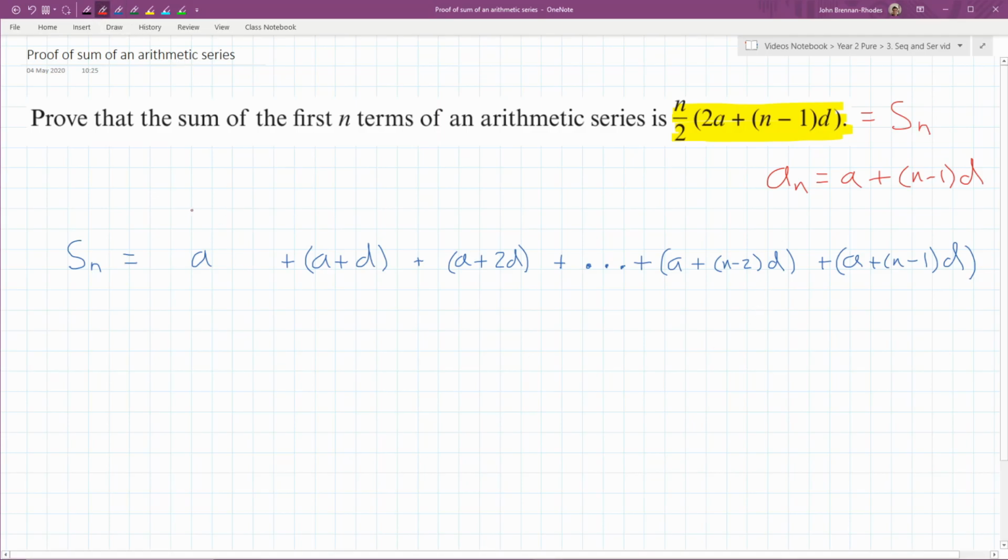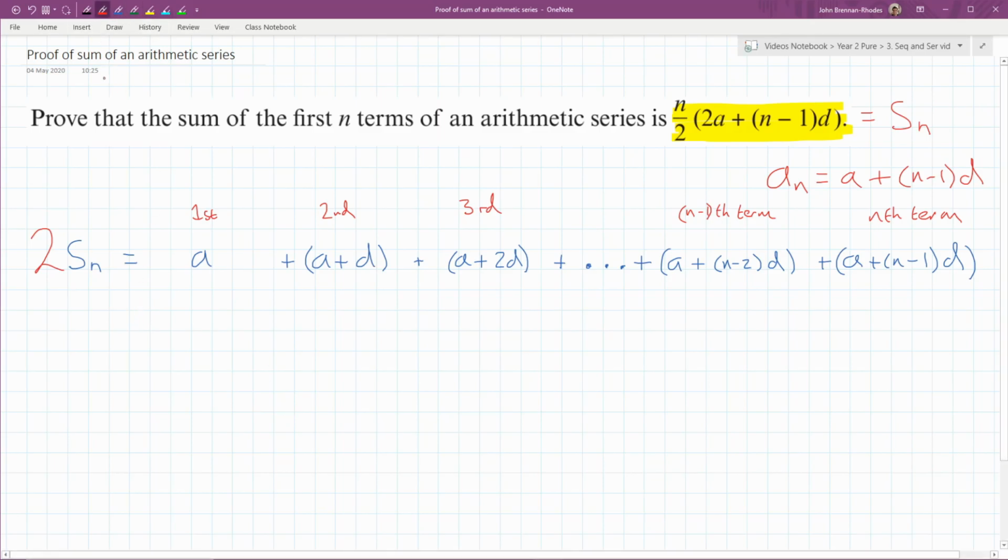Just to make this clear, this is the first term, this is the second term, this is the third term, this is the n minus 1th term, and this is the nth term here. So we're going to do exactly what Gauss did, and write it backwards underneath and add it on.